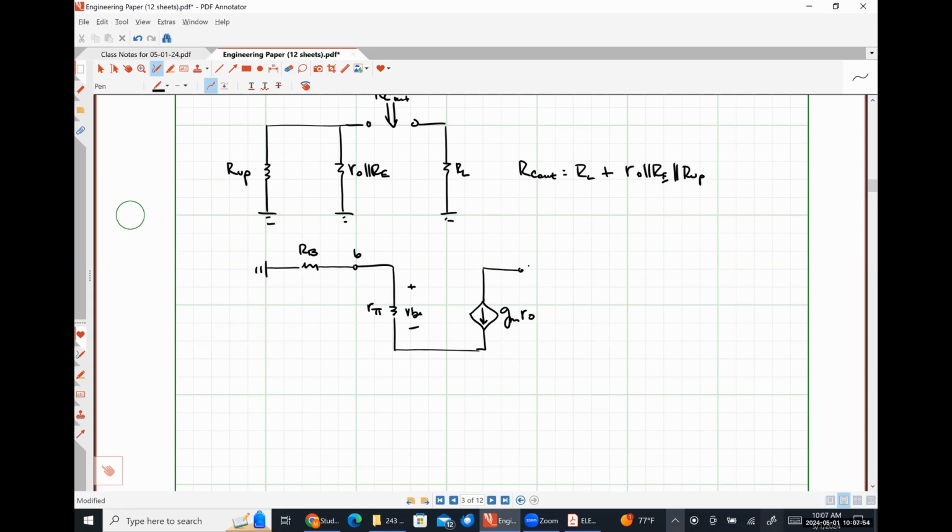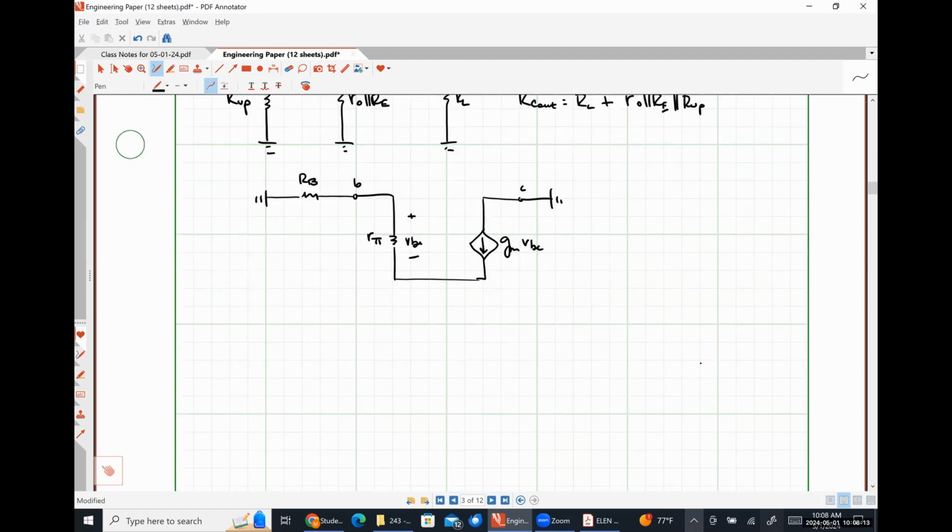Oh, sorry, that should not be gm R0, that should be gm VBE. Brain fart, my apologies. Again, I'm not including R0 here because it's already taken care of by being in parallel with RE. And then here at the emitter node is where I would apply my test source.